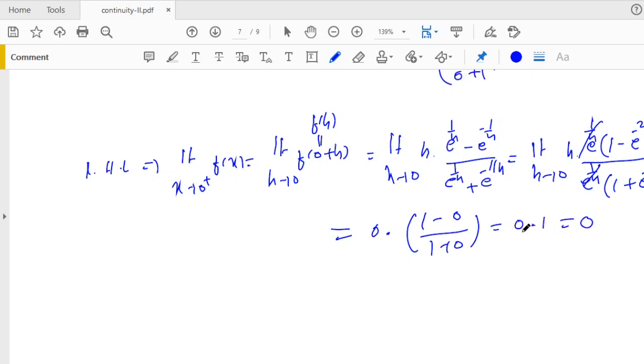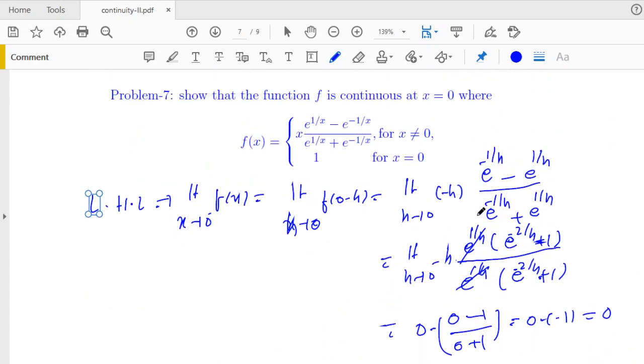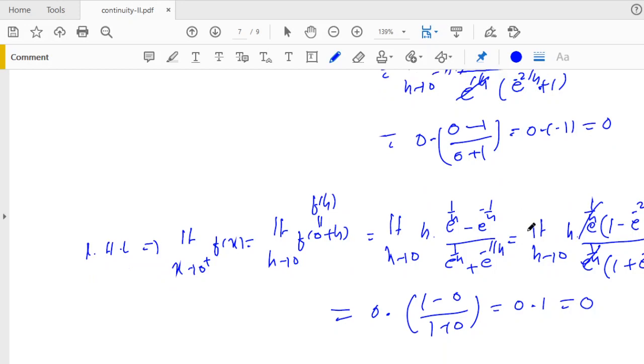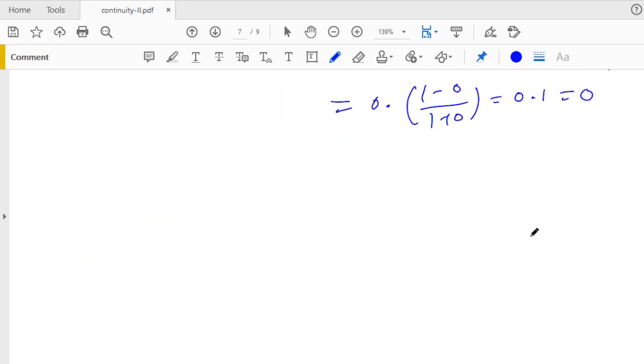But we know that the function value at x equal to 0 is also equal to... sorry, this is 0. Therefore, the function value at x equal to 0 is 0, the left hand limit equals the right hand limit, which is also equal to 0, and 0 is nothing but the function value.